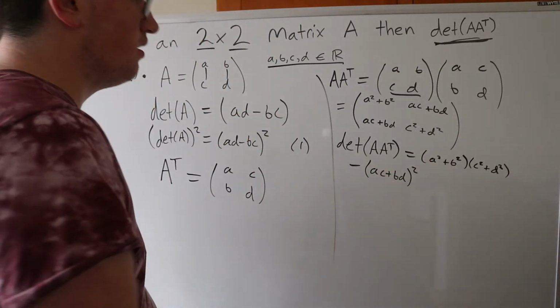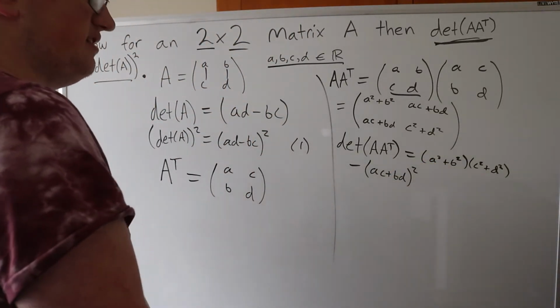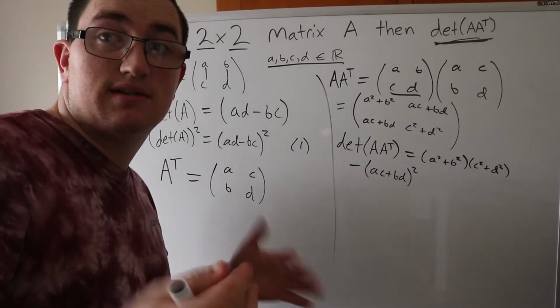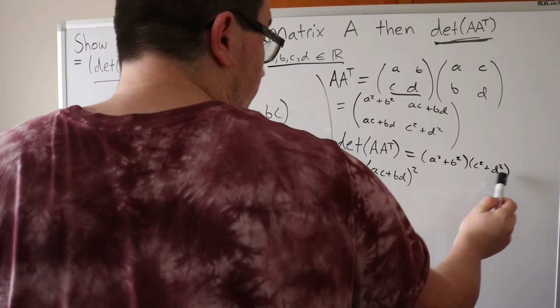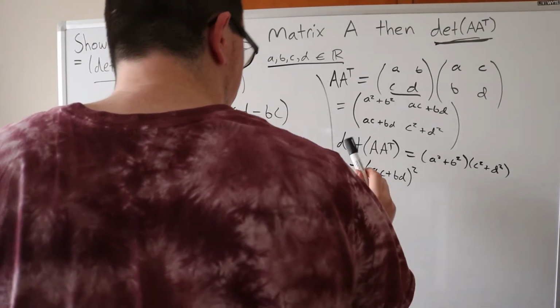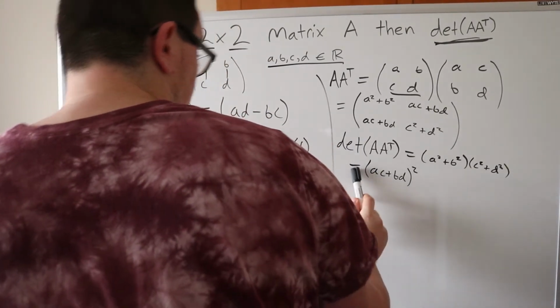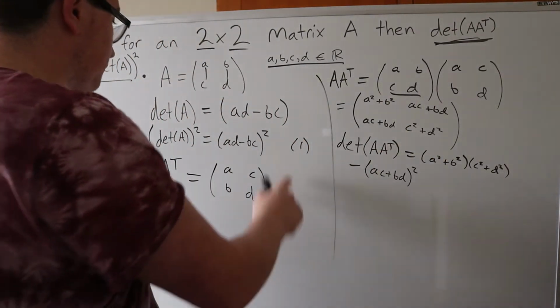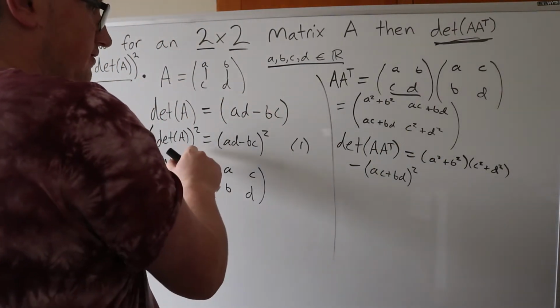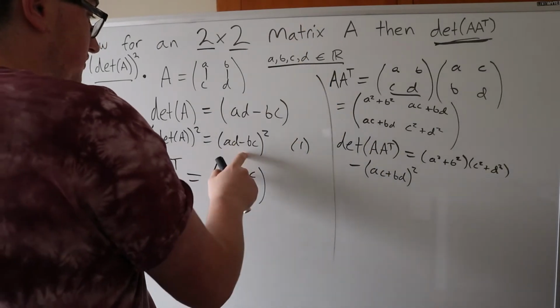Okay? And what we see there is that this is all squares. We see that that is always positive, that's always positive, and this is always positive. And when this is positive, then that's negative. So, yeah. Now we have to try and prove that this is nothing but this.